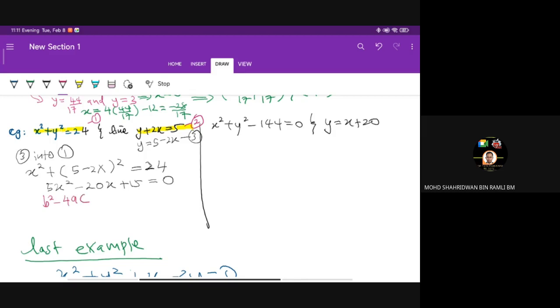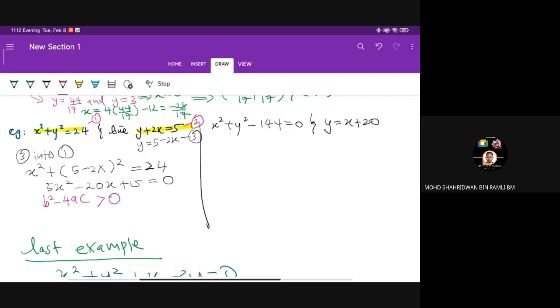Because we don't have enough time, I already calculated that this is minus 480. So what is your B? Your B is negative 20, your A is 5 and your C is 15. Simple, right? I think most of you already know. Should be all of you already know.